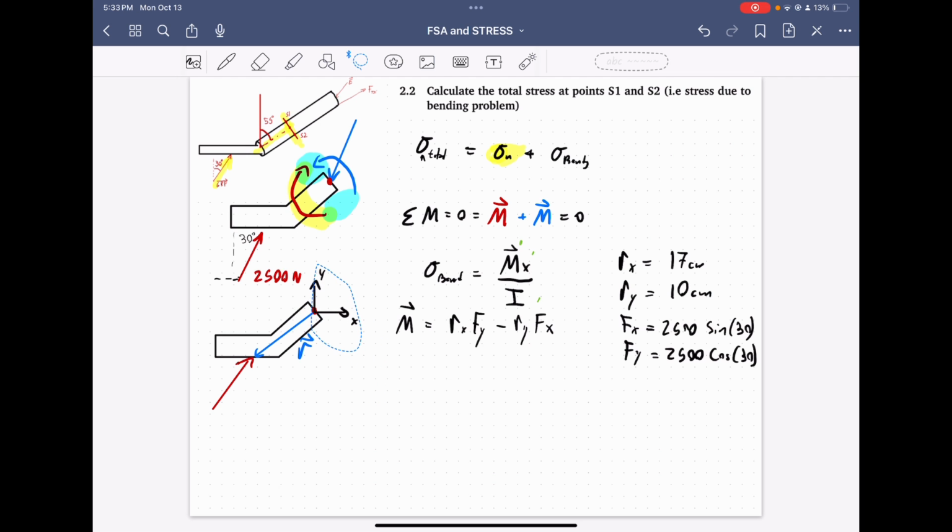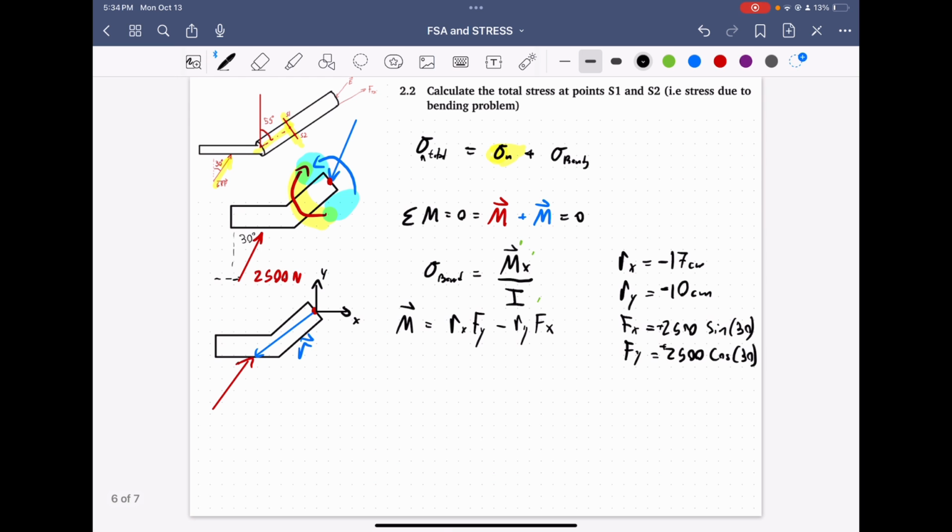Here, we notice that X and Y are both negative because the X direction is the opposite way and the Y direction is the opposite way. Here, they're both positive. So in that coordinate system, we see negative, negative, positive, positive. Always look at the signs before you start this equation.